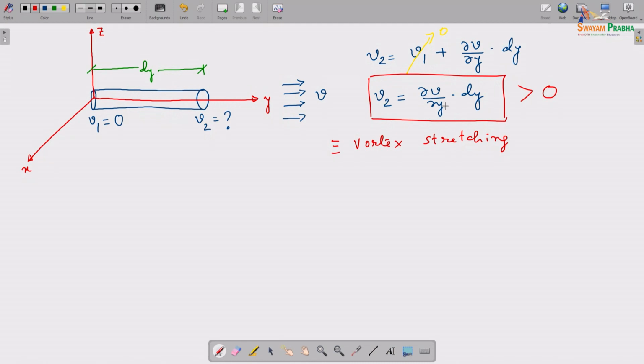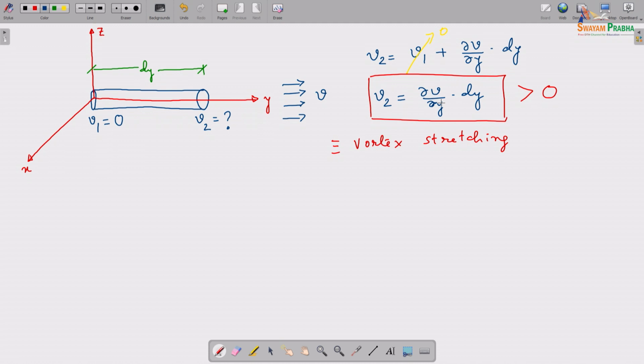So what is each particle of fluid doing so that the macro flow looks like that? One of the things you would probably encounter is vortex stretching. If you encounter a term like del V del Y into dy, and this is a positive value, that means the vortex is being stretched.